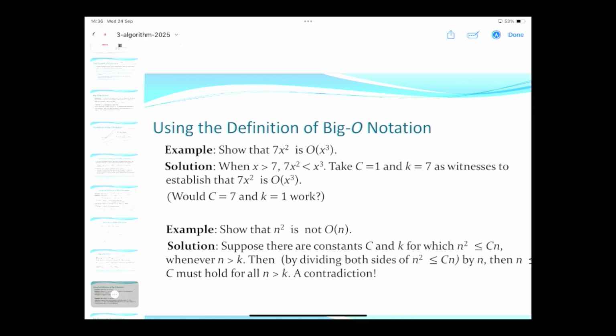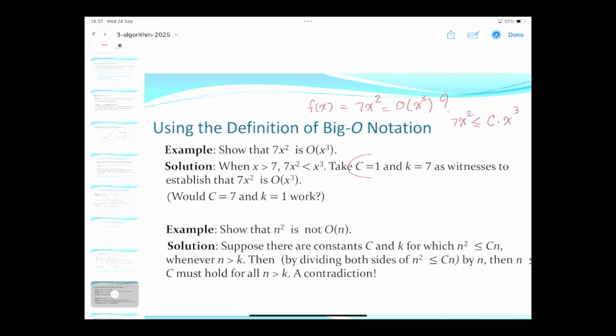Considering an example where the function f(x) is equal to 7x squared, and we have to find out if this is O of x cubed. Based on the definition of the big O, it means that this has to be less than or equal to a constant times this, right? So we must be able to find a constant c here. There are many possible values.